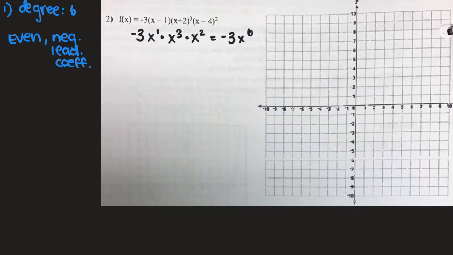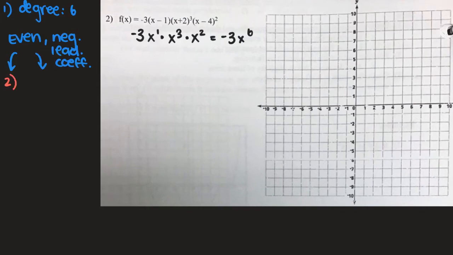Therefore, what does that tell me about my end behaviors? Well, generally, with an even function, if I had a positive leading coefficient, then both of my end behaviors would go up. Well, since I have a negative leading coefficient, that means that both of my end behaviors are going down.